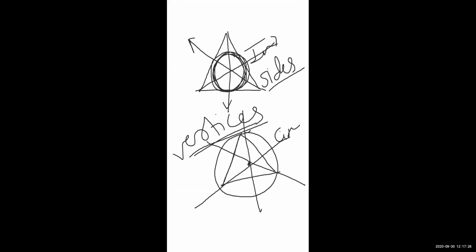Here you can see the red points, the intersection points. In an incircle it is called the incenter, and in a circumcircle it is obviously called the circumcenter.